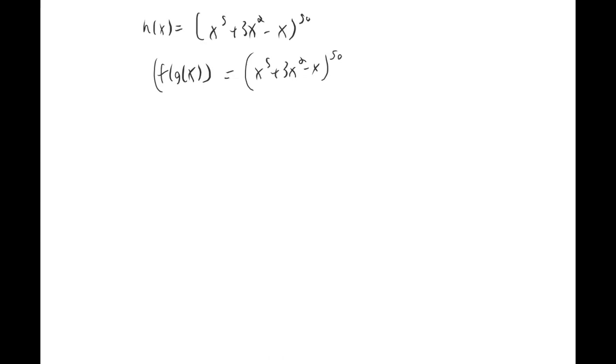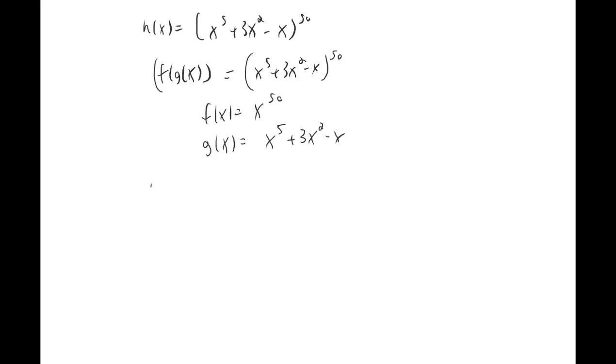You're raising something to the 50th power, right? So this should be f of x equals x to the 50. On your homework, when you use product rule, your outer function would be like x cubed or x to the fourth. And then my g is x to the fifth plus 3x squared minus x.